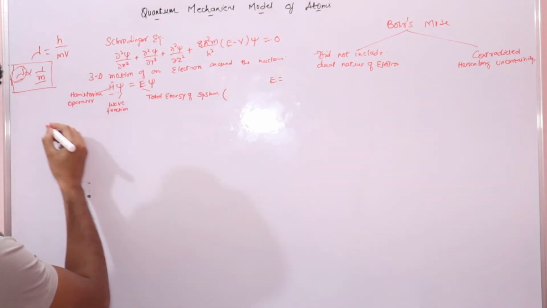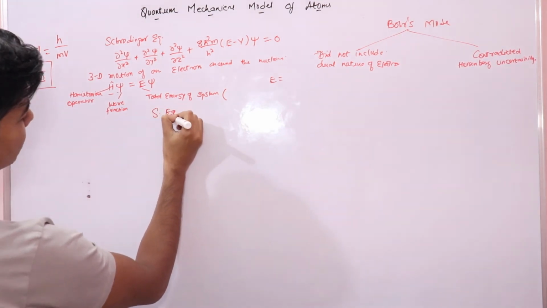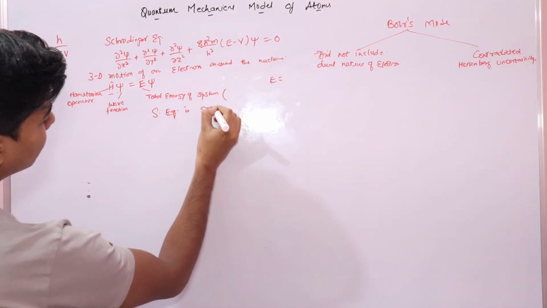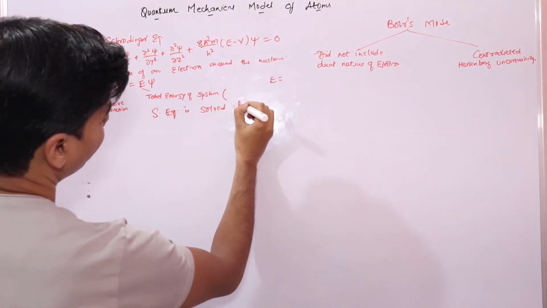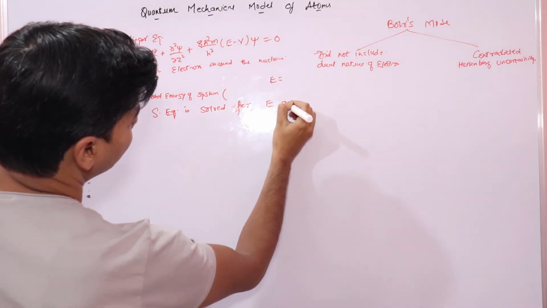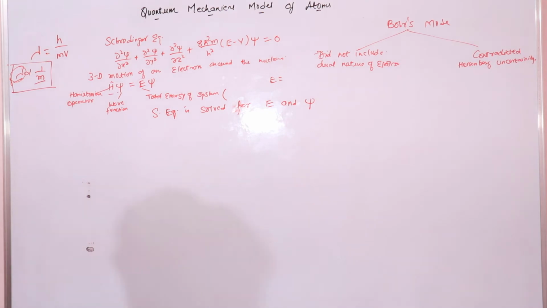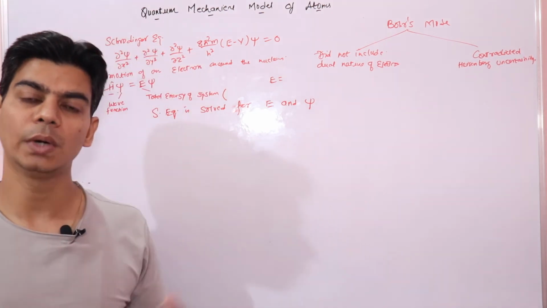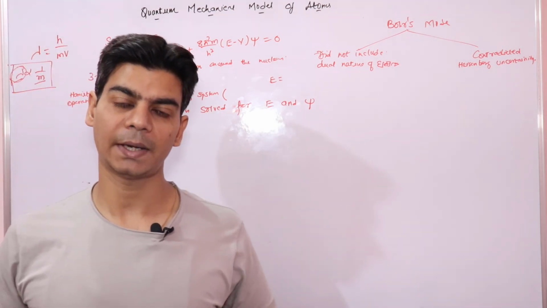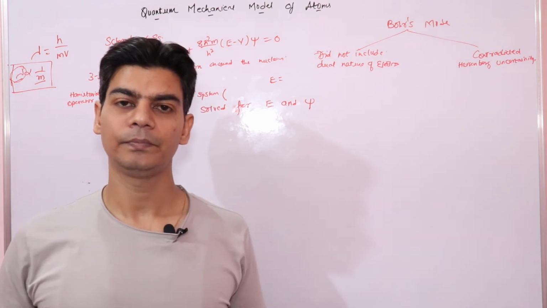So the Schrodinger equation is solved for E and psi. And this Schrodinger equation includes the dual character of electrons, or the dual character of objects.